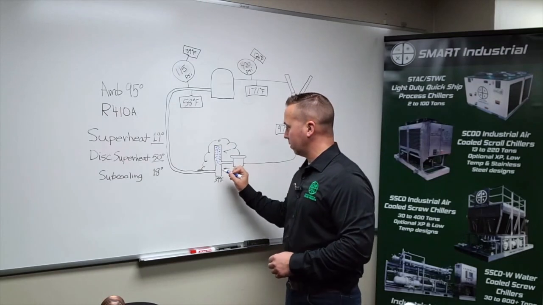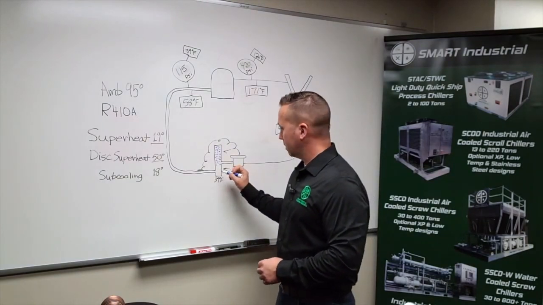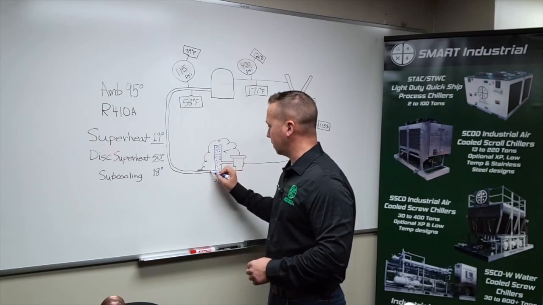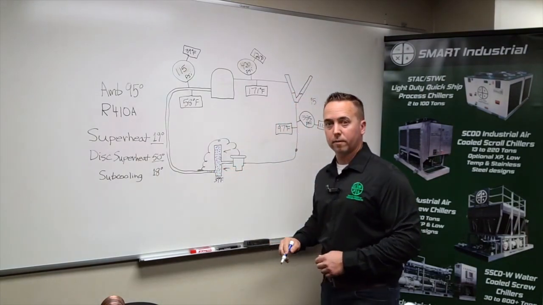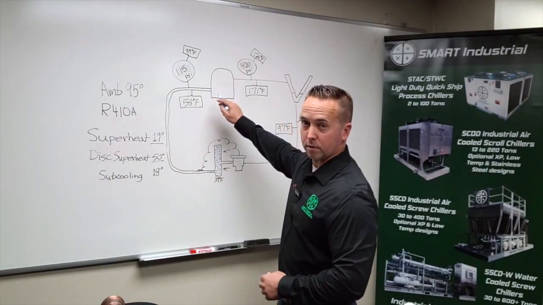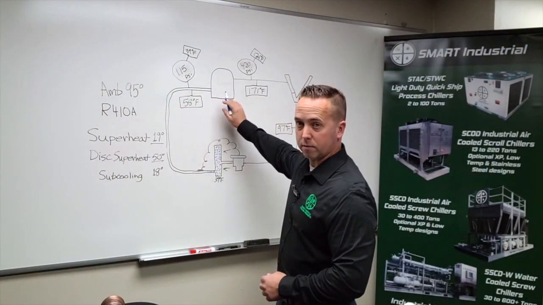If I have 0 degrees of superheat, I would have liquid all the way leaving my evaporator. That liquid refrigerant would then migrate its way to the compressor and possibly cause compressor damage.